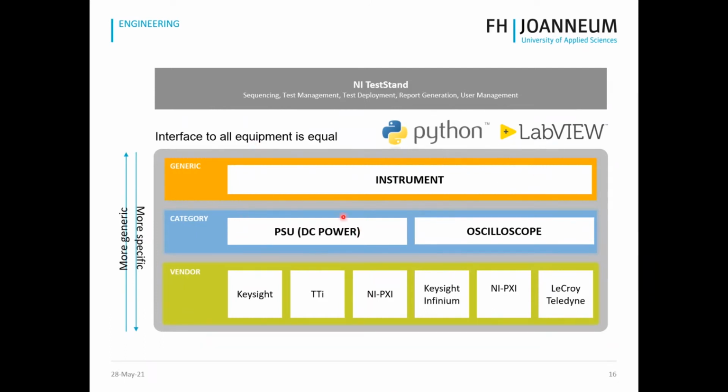Then we have derived from that the power supply, oscilloscope, function generator, and multimeter class. And then for the different vendors, the specific implementations, and for the Keysight and TTi implementations, we are using PyMeasure, and for the others, the available libraries from NI for the PXI instruments.